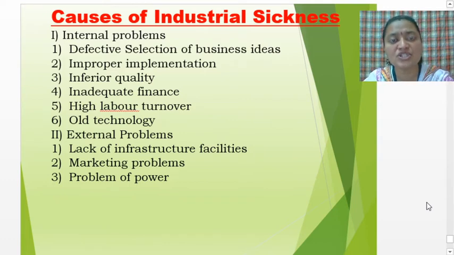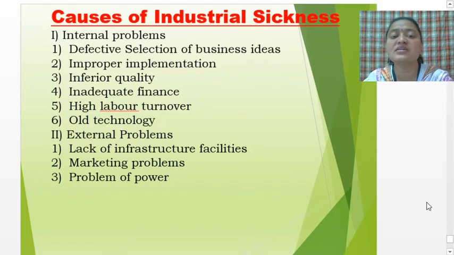Whatever ideas are generated, they should try to select the best and the right ideas. If they select the wrong ideas, or choose the wrong methods or wrong business ideas, then the industry will become sick, or will incur losses.